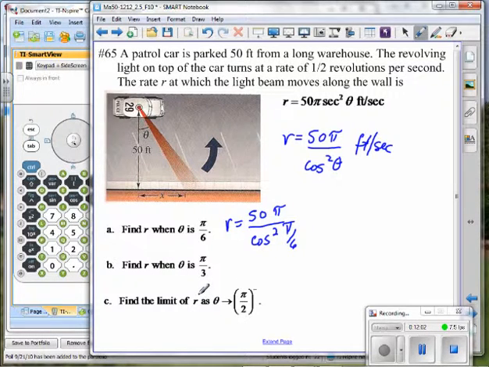And probably the thing that we need to work on most is, what is cosine pi divided by 6? You might need to say, well, let me go back. The radians of the angle is to the radians of the circle, 2 pi, as the degrees of the angle is to the degrees of the circle. And we come up with d equal to 30 degrees.